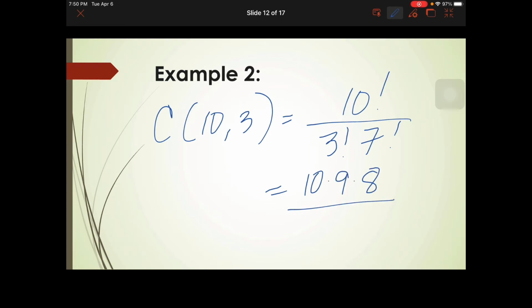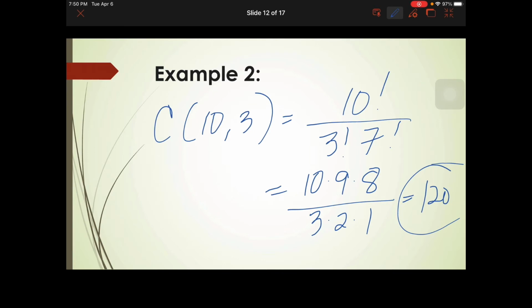Tapos, dito naman sa ilalim, kasi magka-cancel out lang si 7 factorial, you're just gonna be left with 3 times 2 times 1. So, this is going to give you an answer of 120. So, there are only 120 ways where you can pick 3 representatives. So, again, it's much less kasi the order doesn't matter for combinations.